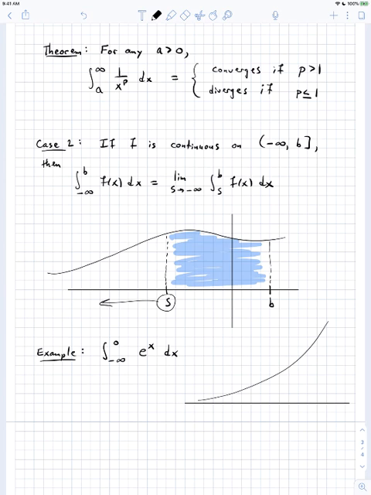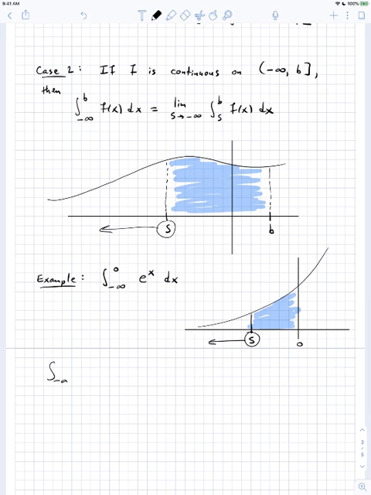So let's say that this is 0 here, and we're going to go off to negative infinity this way. So we're going to pick an s, which is here, and we're going to compute the definite integral from s to 0. And then we're going to compute the limit as s goes to negative infinity. That's our objective here. That's our plan. S goes to negative infinity.